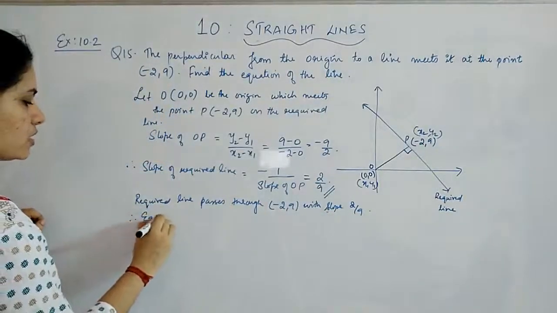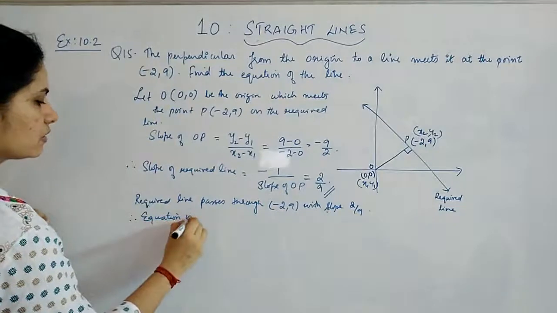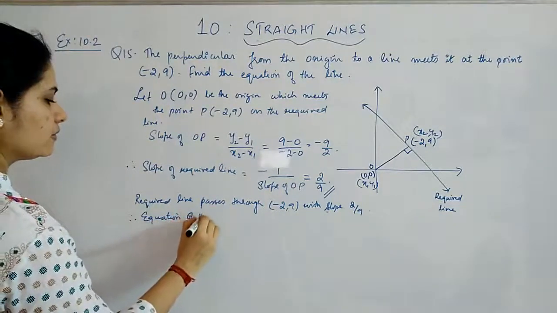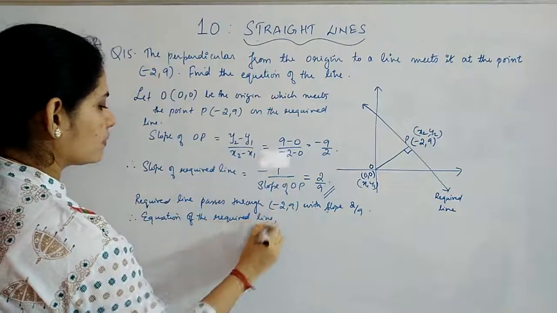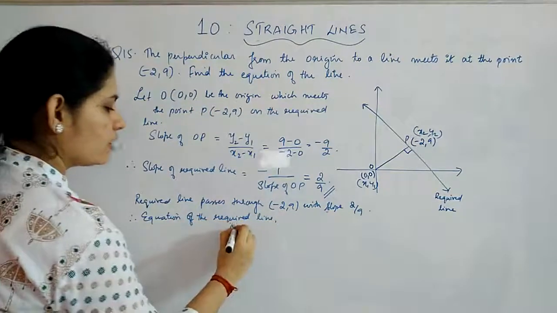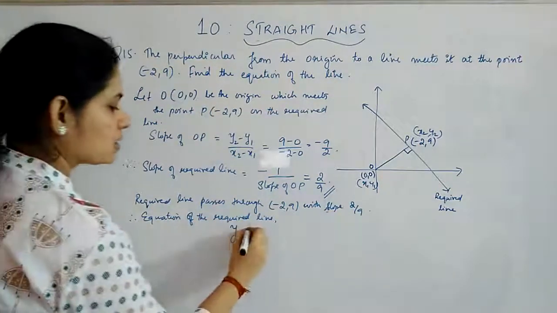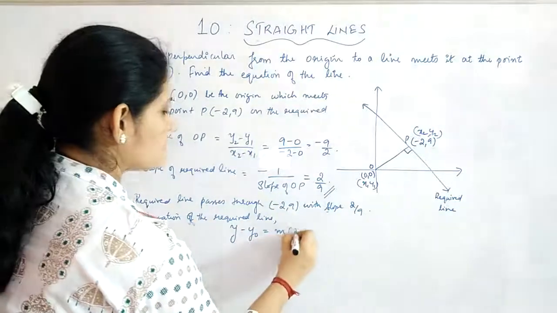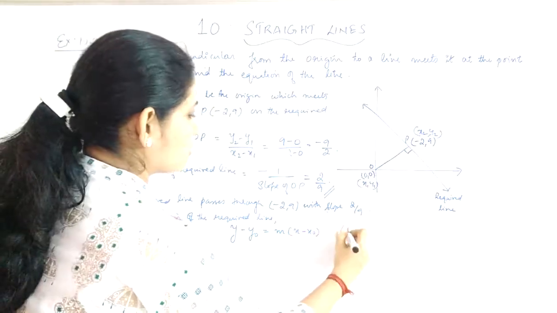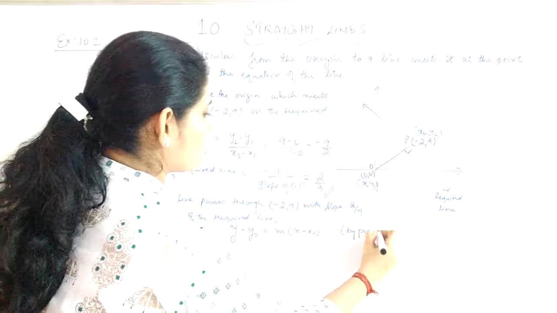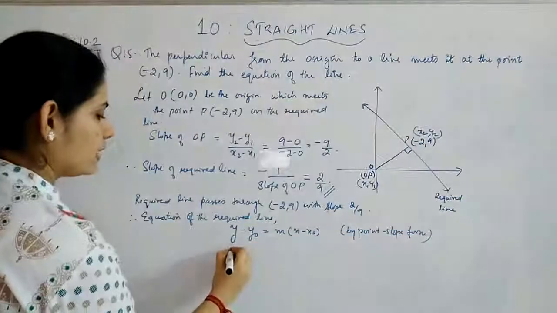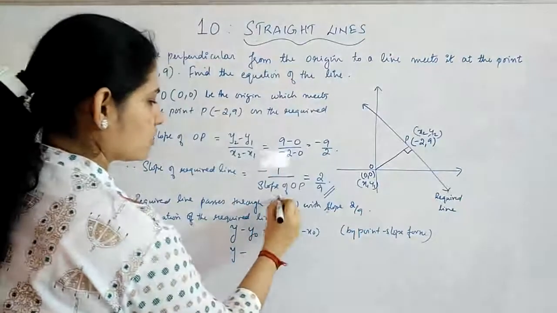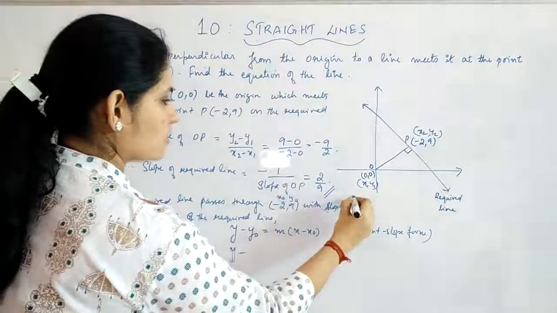Therefore, the equation of the required line will be, using the point slope form, y minus y naught is equal to m into x minus x naught. Here x naught, y naught is this point, and this is your m.